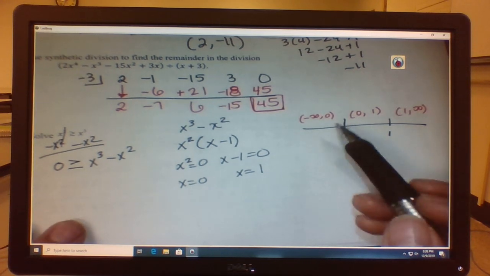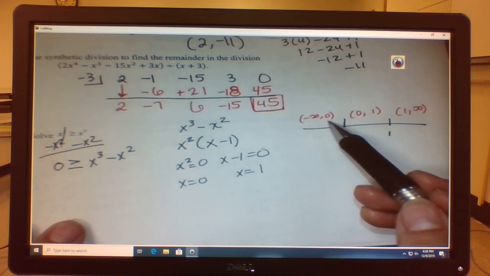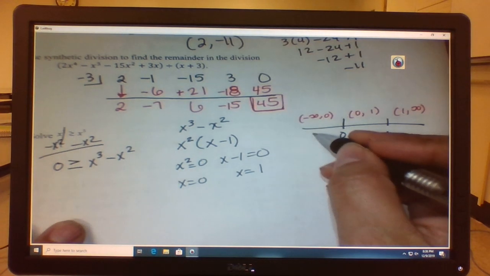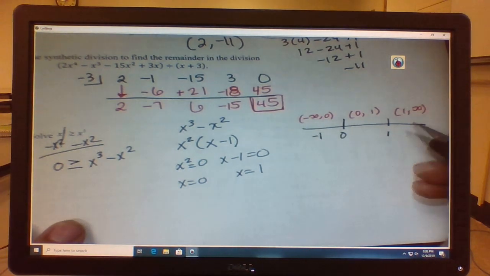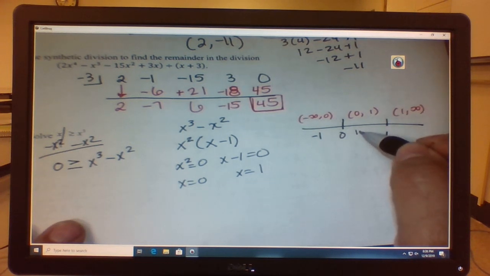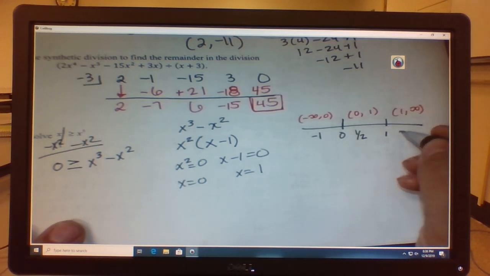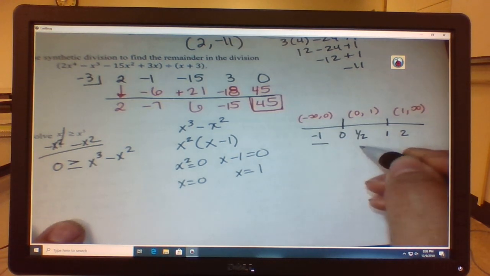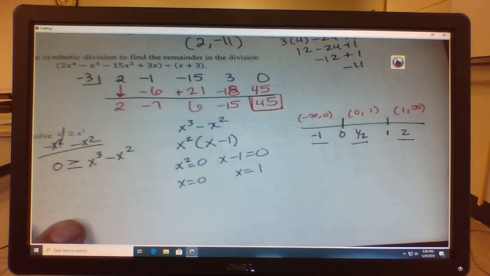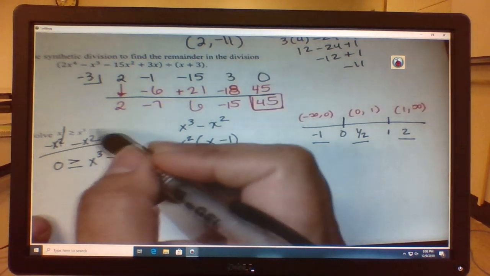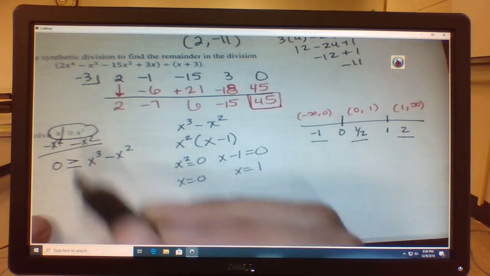So I need to pick a number between negative infinity and 0. I can pick negative 1. A number between 0 and 1, half. A number between 1 and infinity, 2. These are the numbers that I'm going to use to test, and I test them in the original.